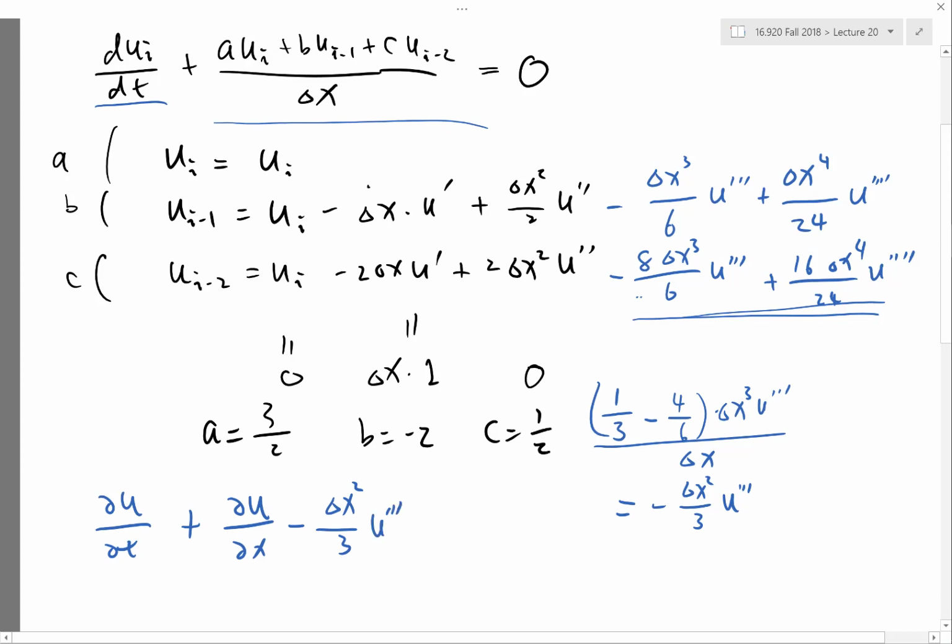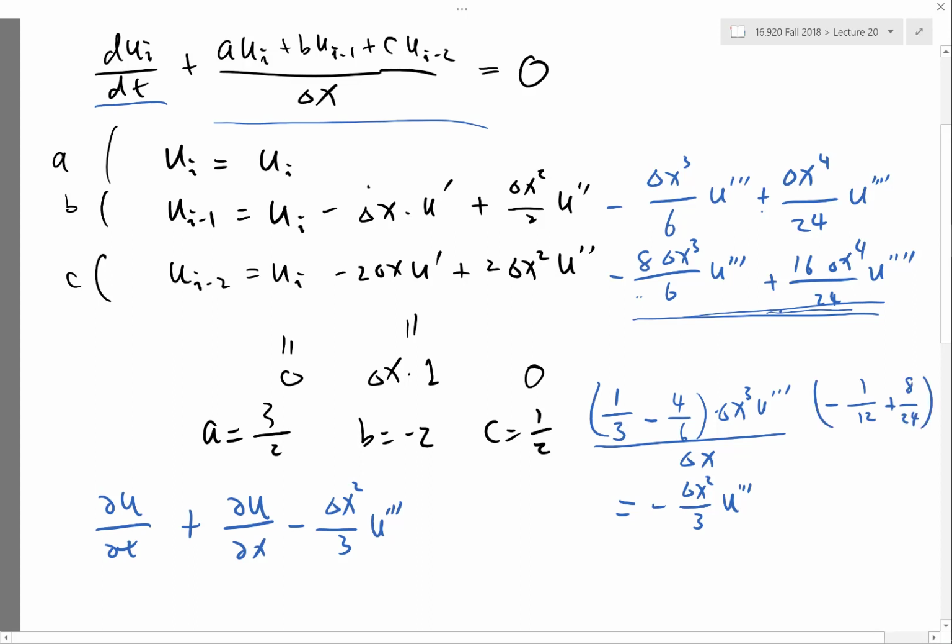So what term is this? Numerical dissipation or dispersion? Dispersion, right? So it's an odd derivative. And last we have this, multiplied by minus 2, we get minus 1/12, and this gets multiplied by half, which is plus 8/24.